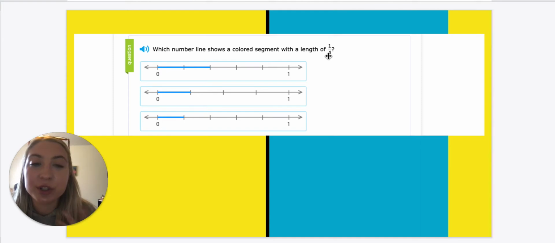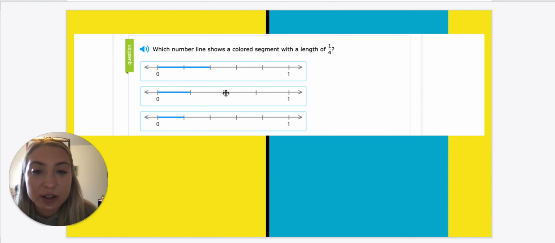So first we'll check to see how many are broken up into 4 equal parts. We'll start here. 1, 2, 3, 4, 5. So the top one is already broken up into 5 parts. So it's broken up into fifths, not into fourths. So let's try the next one.